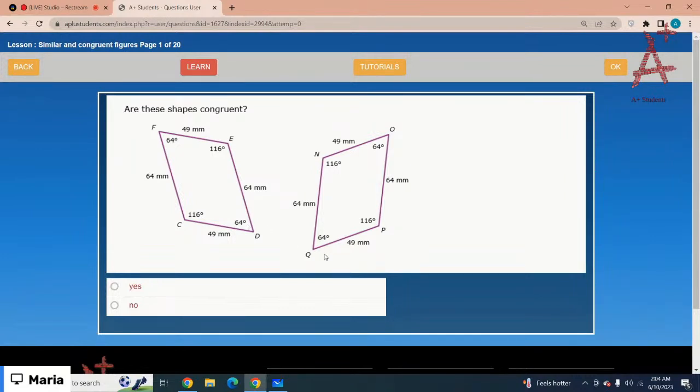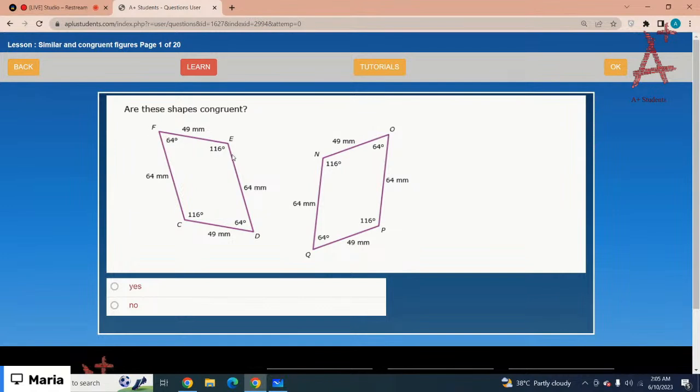Okay, let's just form a proportion between their sides and let's see if they are equal. Got it? Okay, so you can see here corresponding 49 and 49.